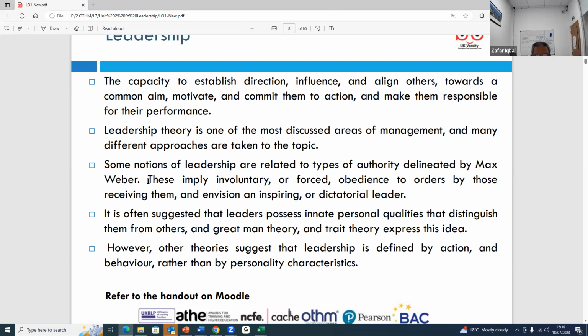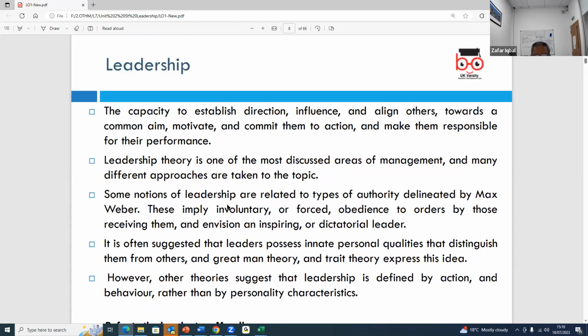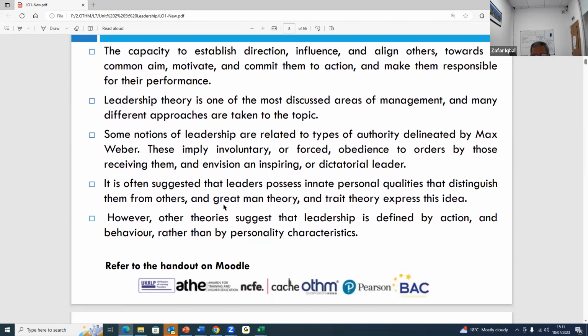Max Weber, for example, looks at the theory of leadership, and he implies that leadership is related to the type of authority. So some notions of leadership are related to some type of authority, as Max Weber says.